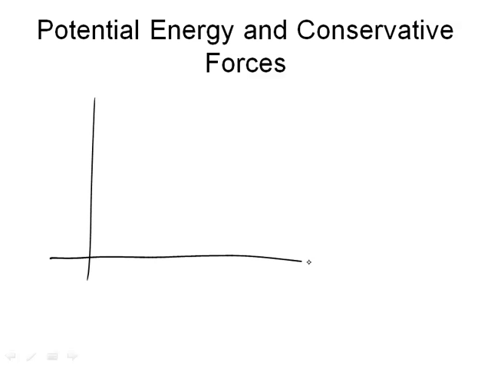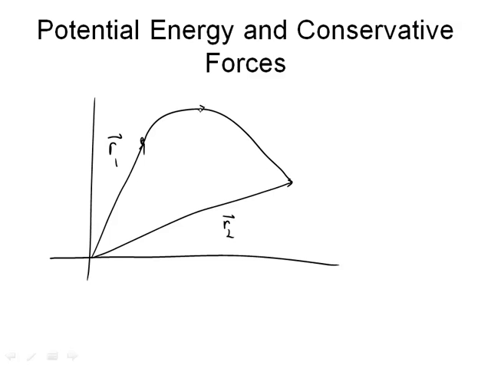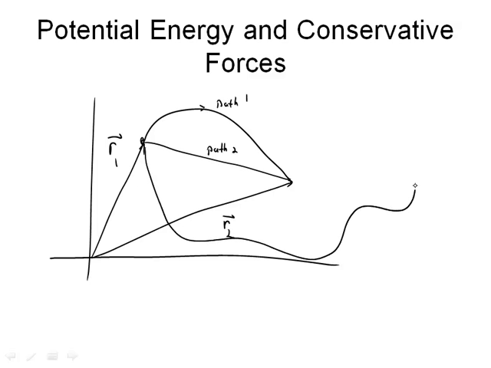So for example, if I have an object which starts off at position R1 and it moves to some other position R2, then it might take a path, we'll call this path 1, or it could take a direct route, we'll call that path 2, or some really strange route, which we'll call path 3.